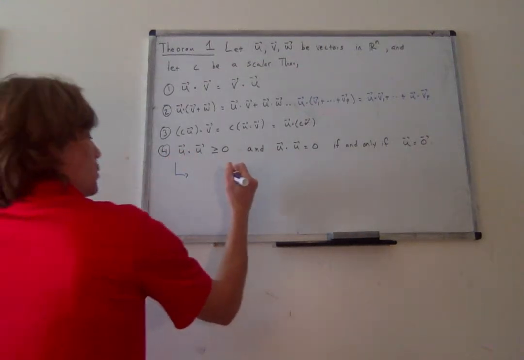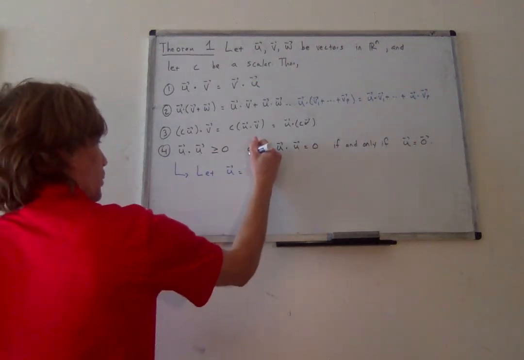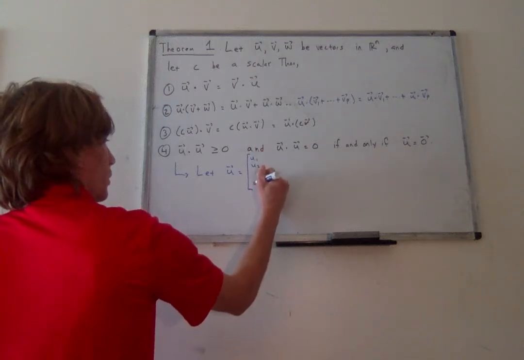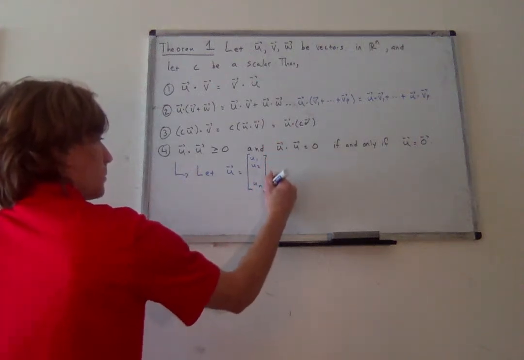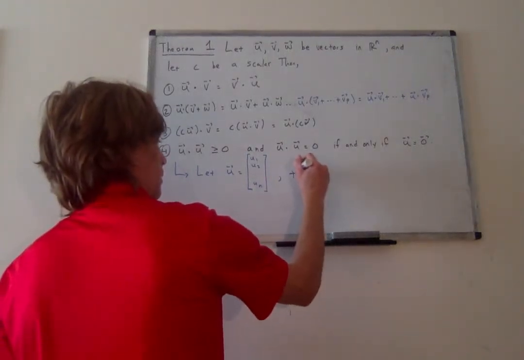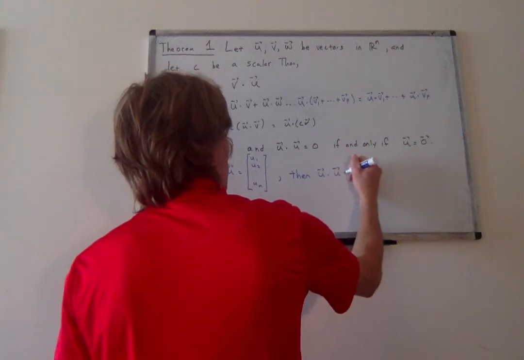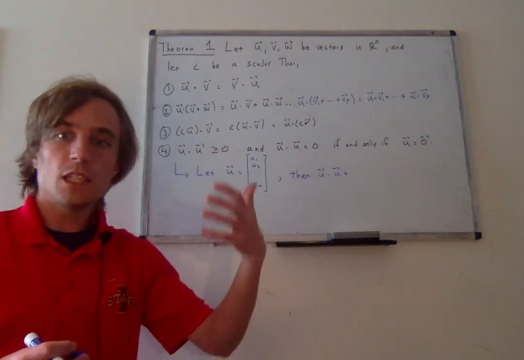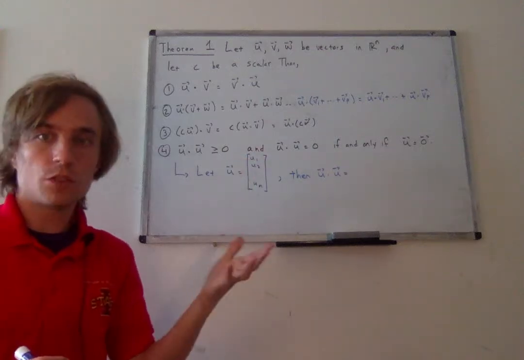So to do this, we can let u be a vector of arbitrary length. So we're going to let u be the vector whose entries are u1 through un, in Rn. Then by definition, u dot u is equal to, well, notice the dot product of u and itself, I'm lining u up with itself and pairing off all of the same entries, right?